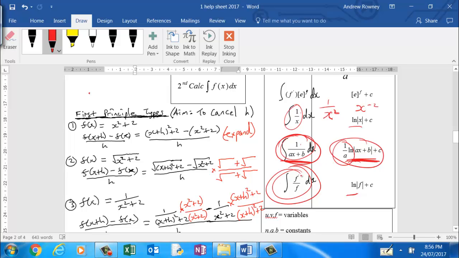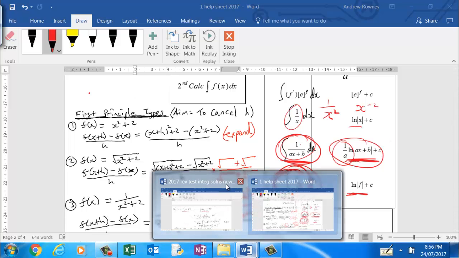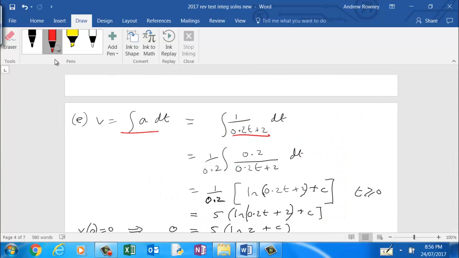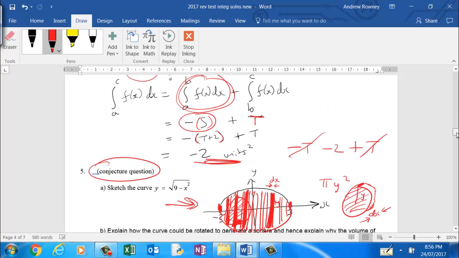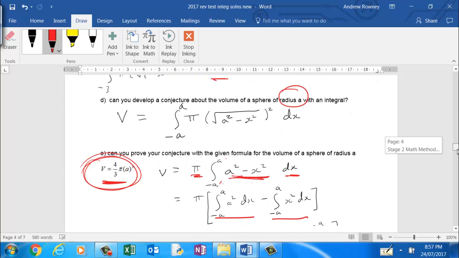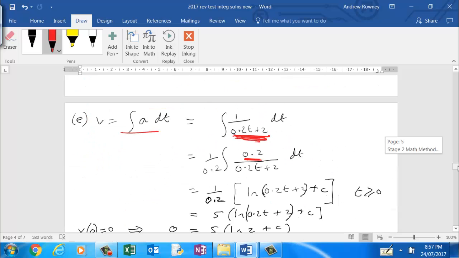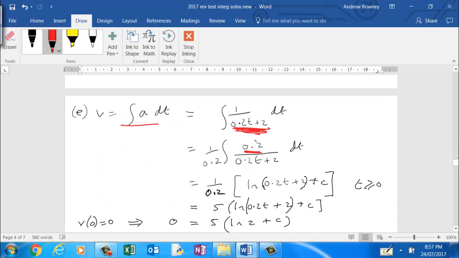I think I have written it as derivative on the function can be the ln of the function. If we go back and have a look, so I've written it here as there's the function on the bottom, and the derivative of that is sitting on the top, 0.2. You can consider that as f dash on f, right?